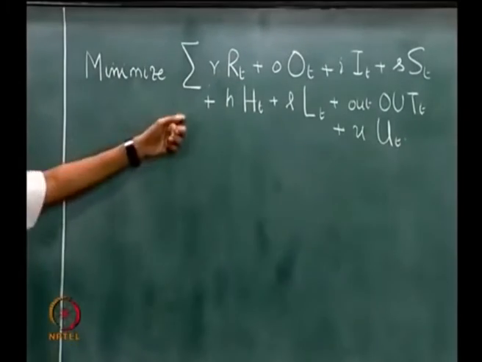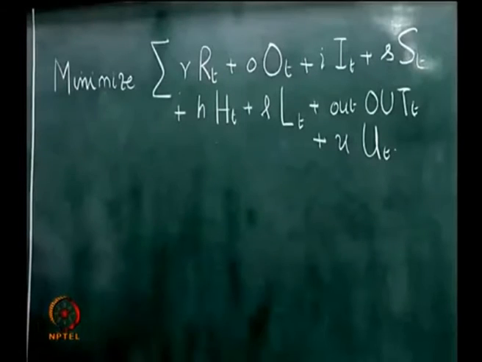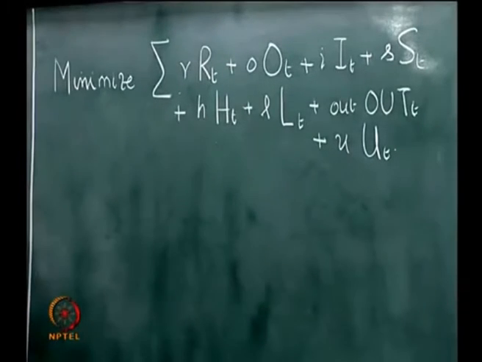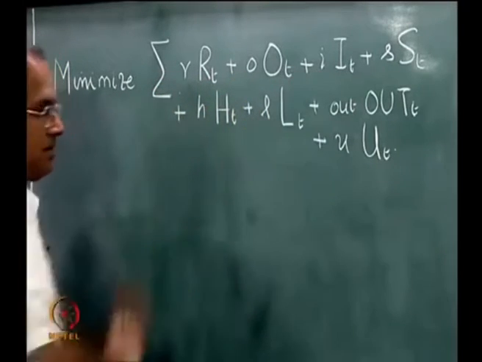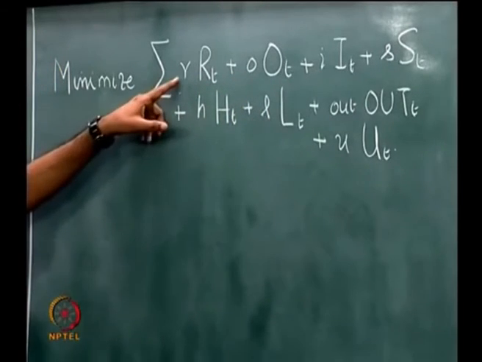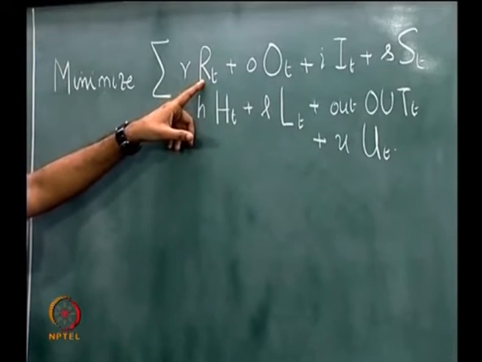We had used 8 costs in the objective function, and the objective function was to minimize the sum of the 8 costs. The lowercase alphabet represents the unit cost, and the uppercase represents the variable.